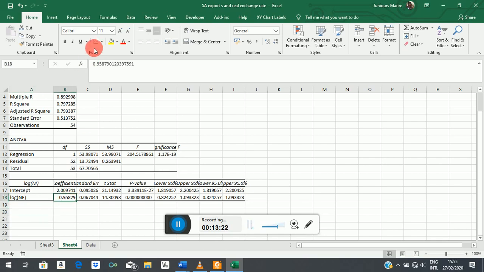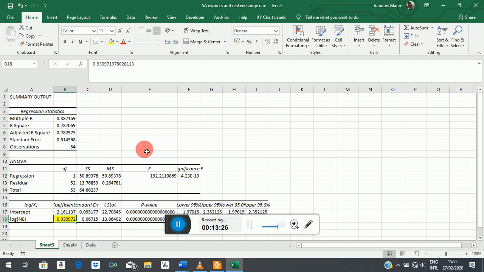This coefficient here is interpreted as an elasticity, which means, for example, here we are saying a 1% depreciation in the nominal exchange rate leads to a 0.93% increase in exports.